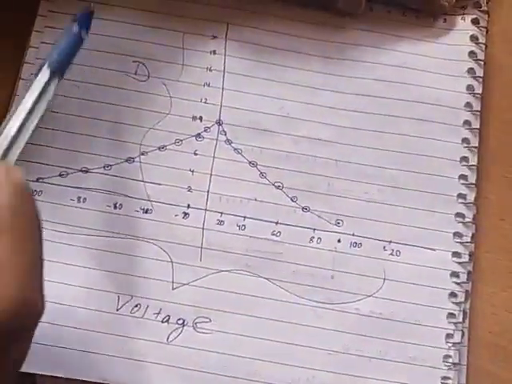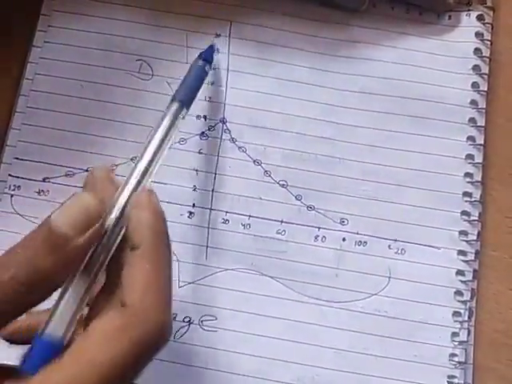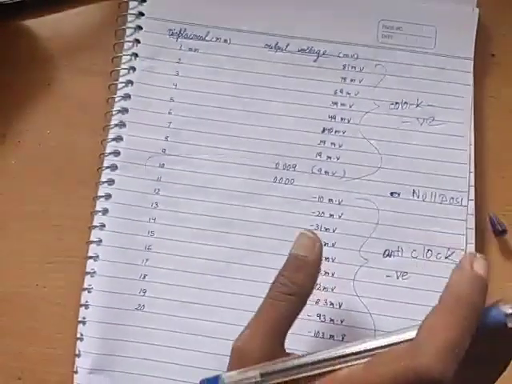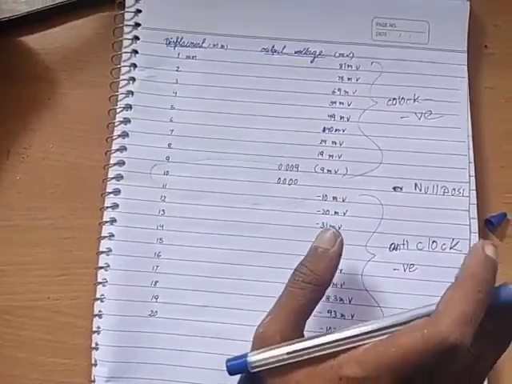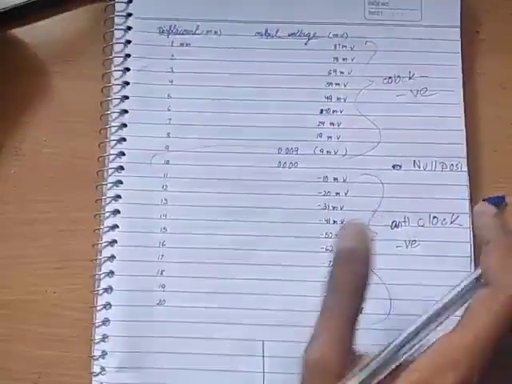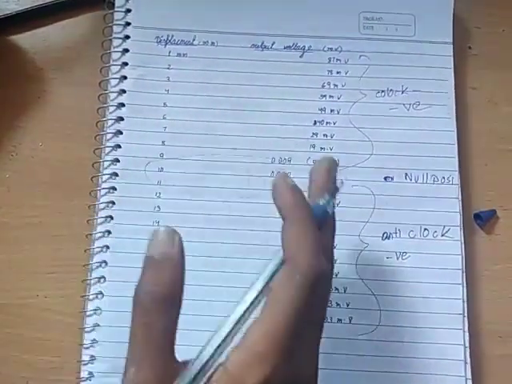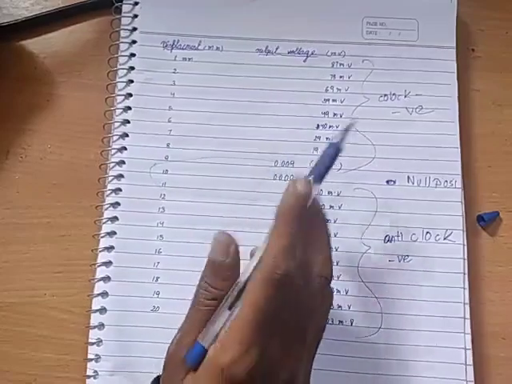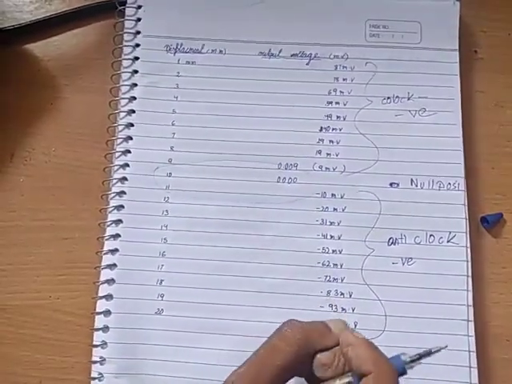This is the graph format of displacement versus voltage. This is your basic experiment of the LVDT transducer. In the LVDT transducer experiment you study what an LVDT is, how to measure voltage, how displacement impacts voltage, and how we draw the displacement versus voltage graph.